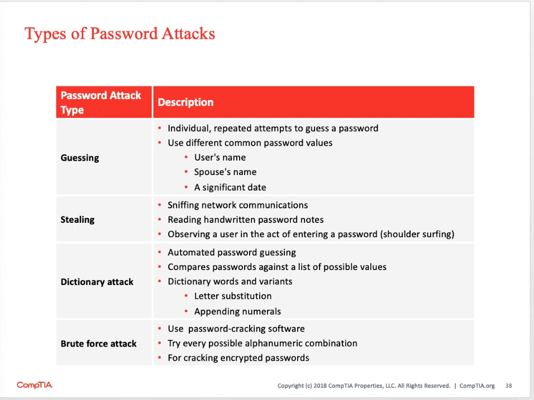When it comes to dictionary attacks, this is going to be automated password guessing, right? In this case the password is going to be compared against a list of possible password values, a lot of times dictionary words.